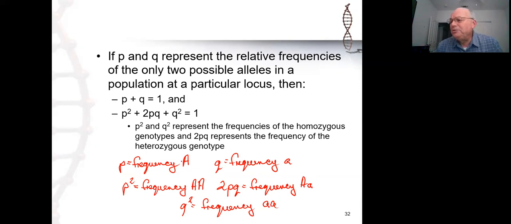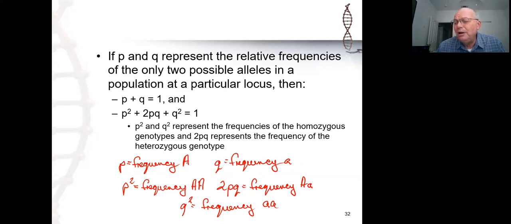So P is the frequency of the dominant trait in the population. Q is the frequency of the recessive trait, or sorry, the recessive allele. So let me back up and correct this, because I have given you something that's incorrect.